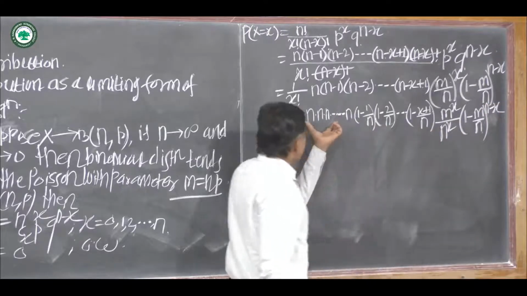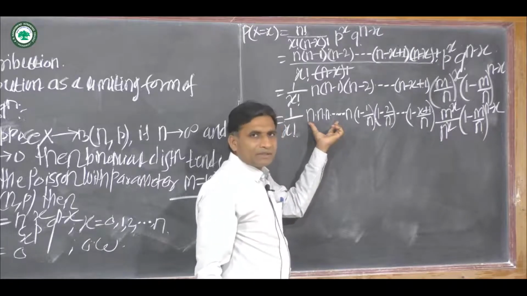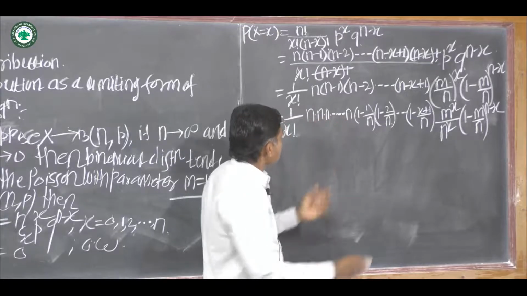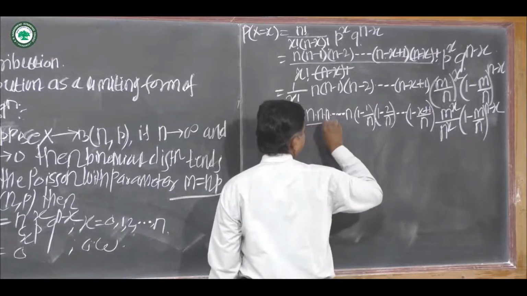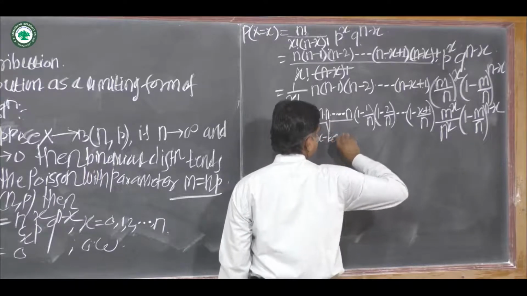Now the product of this n, that is n into n into n into n, these are the x terms.